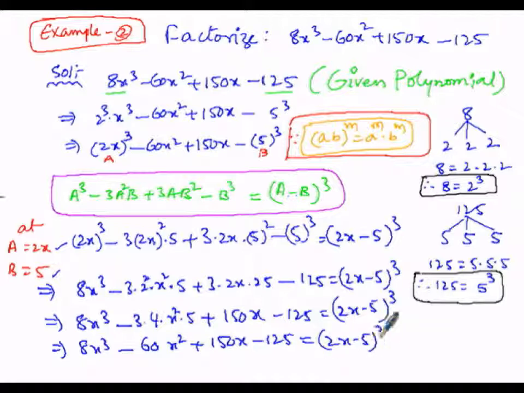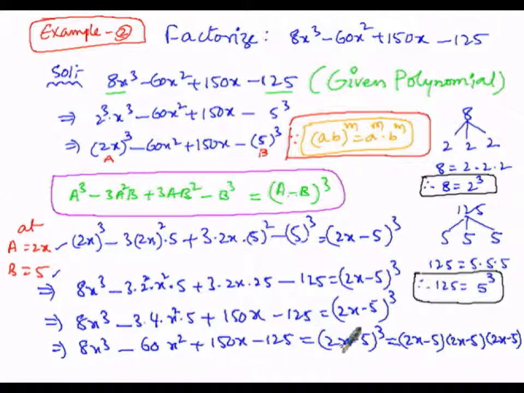So in this manner, 8x cube minus 60x square plus 150x minus 125 equals (2x minus 5) whole cube, or in other words it can be written as 2x minus 5 repeatedly multiplied thrice. So (2x minus 5) into (2x minus 5) into (2x minus 5). So these are the factors of this given polynomial 8x cube minus 60x square plus 150x minus 125.